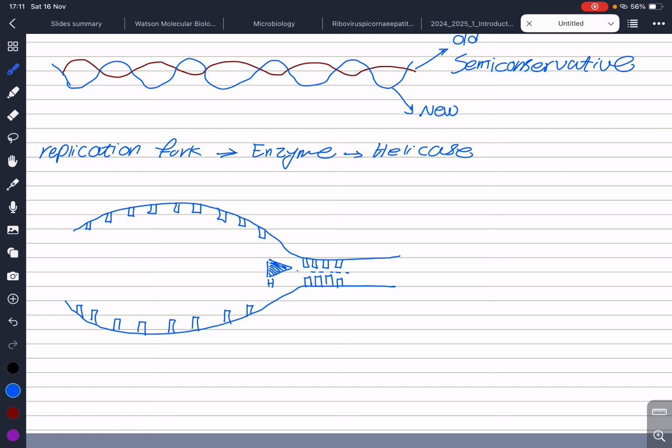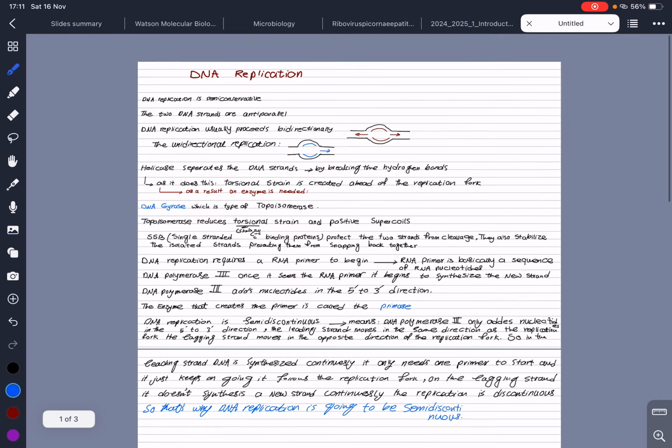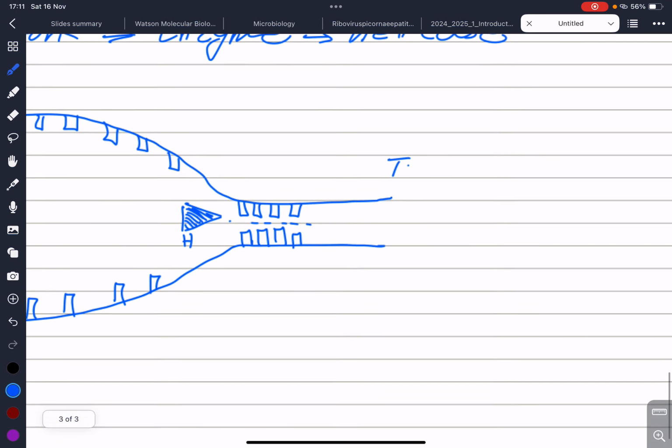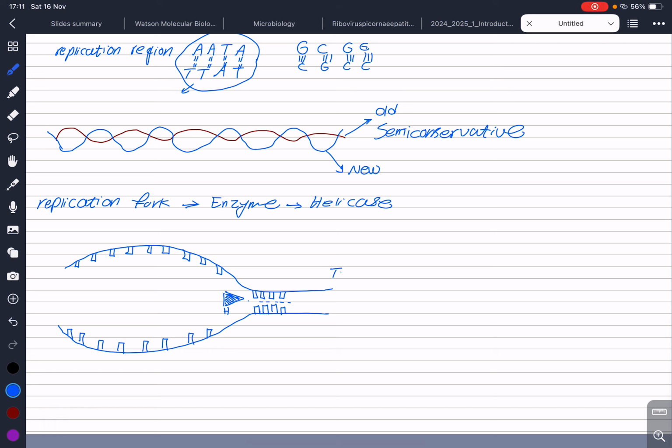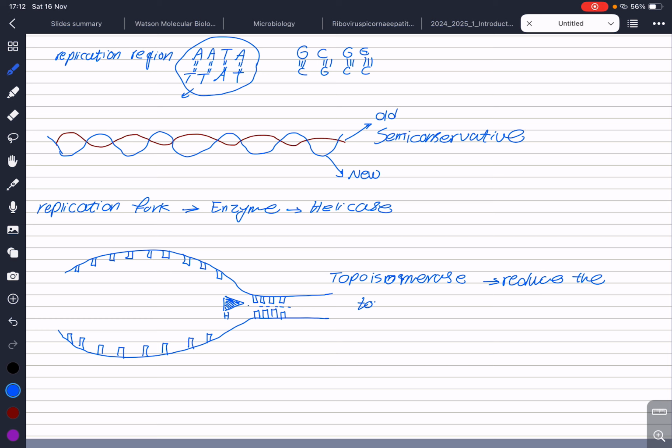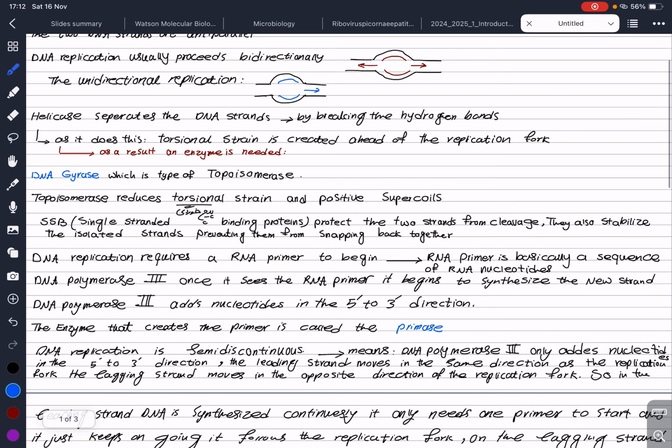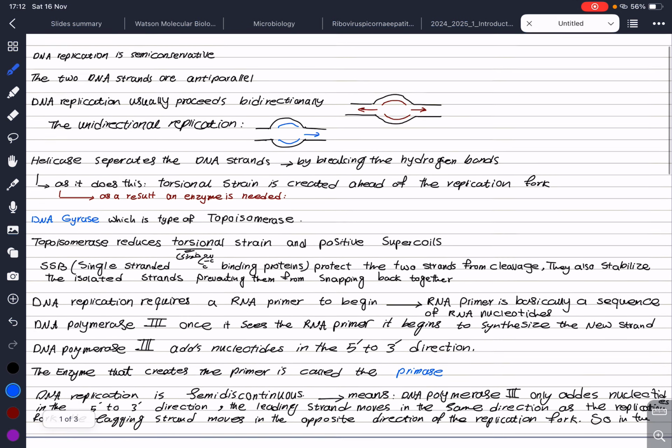Therefore, we have to have another enzyme, okay, that we call topoisomerase.